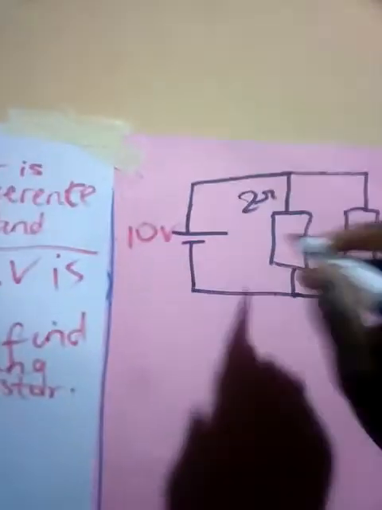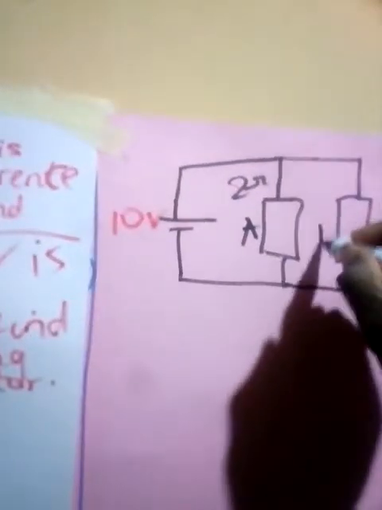If I'm told to find the current flowing through, let's call them A and B, through resistor A, it's simply going to be that V is equal to IR. That's the general formula for all of them.